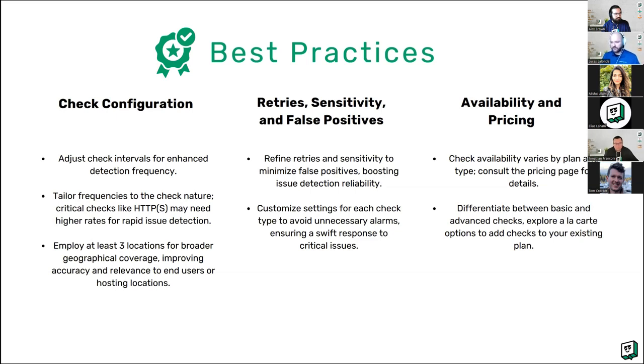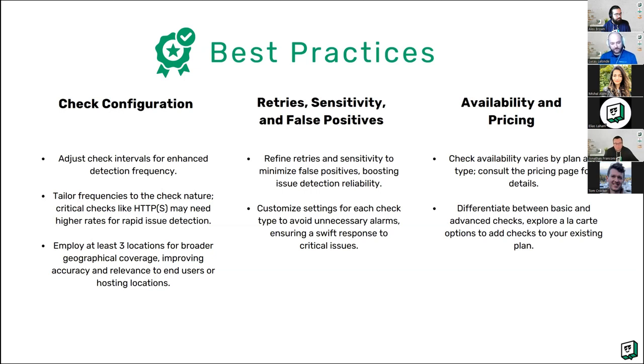That means that every 5 minutes, that server or that resource will be pinged by each of those locations and report its status. So you get a code back, a 200, a 404, exactly what the code is.